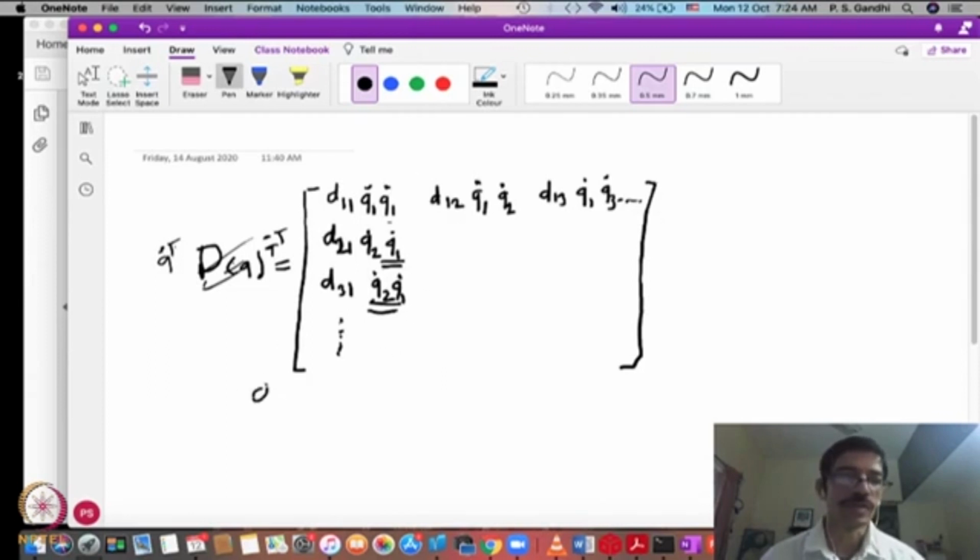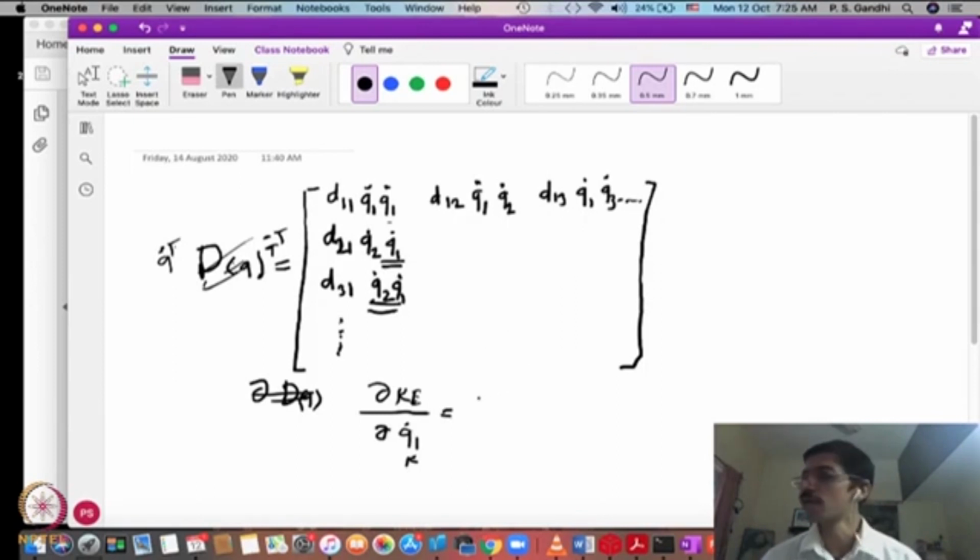So if I take this partial of the kinetic energy with respect to q1 dot, this one is actually k, from our previous expression, for generalization purposes.